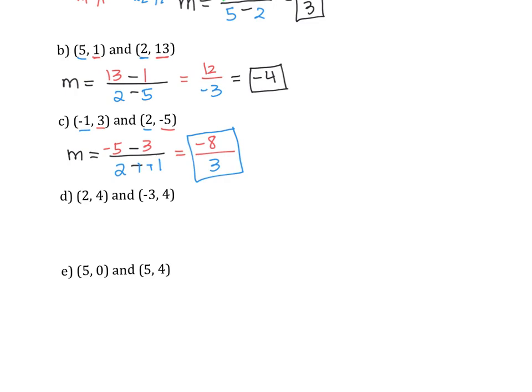Okay, a couple more. Okay, same formula every time. Just sometimes you have to be careful with the negatives. So fraction is minus. Okay, in the numerator, let's see, y2, y1. And the denominator, x2, x1.